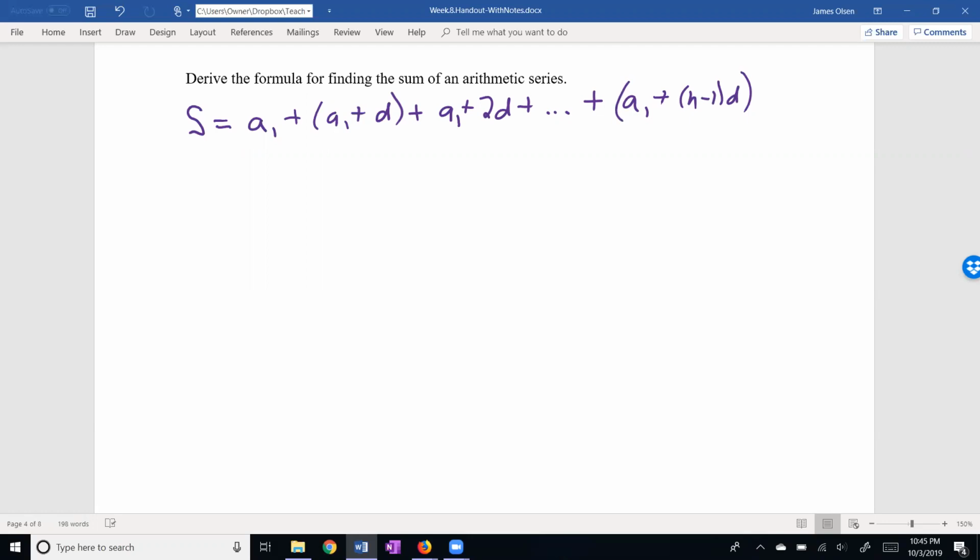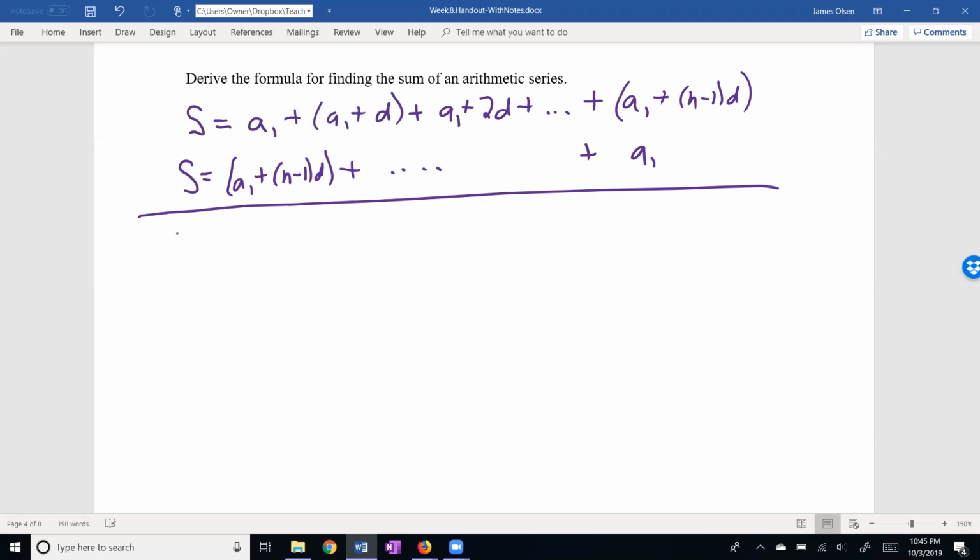And as I did with the numbers, I'm going to make a second copy of my sum, but I'm going to put them in reverse order. So I'm going to put the last term first, up through a1. I'm going to add these two. So I have 2 copies of my sum.